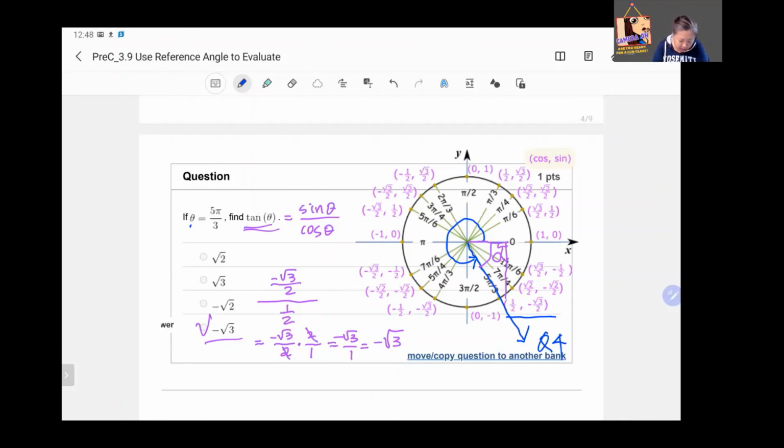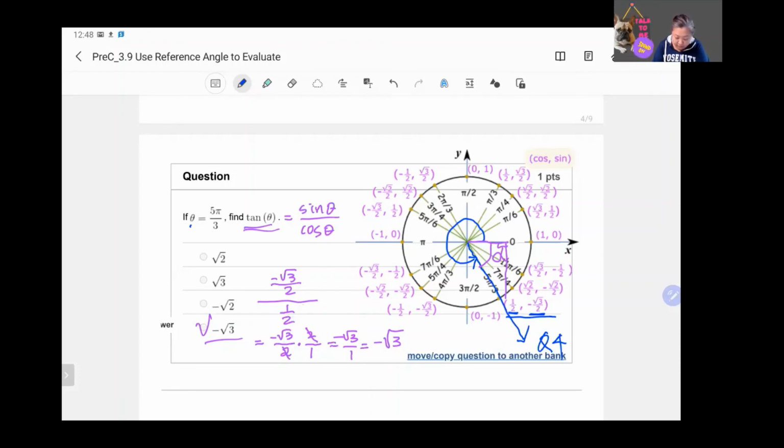Then tangent again is sine value over cosine value. Another way saying is y coordinate over x coordinate. Y coordinate is what? Negative radical 3 over 2. So it's on top. And what's x coordinate? 1/2. It's on the bottom. And you notice the denominator from the numerator side and denominator side is the same.